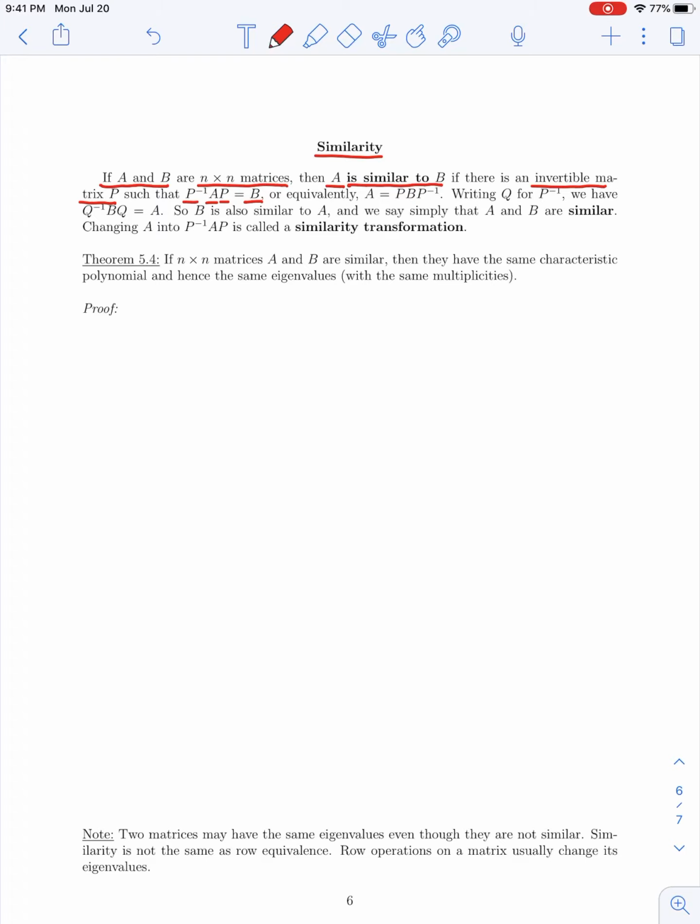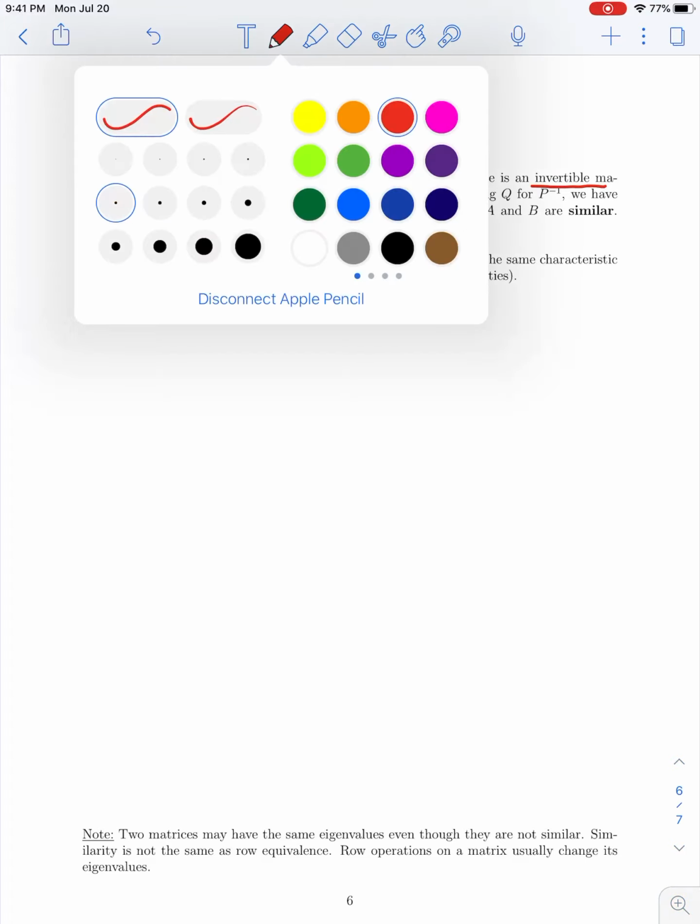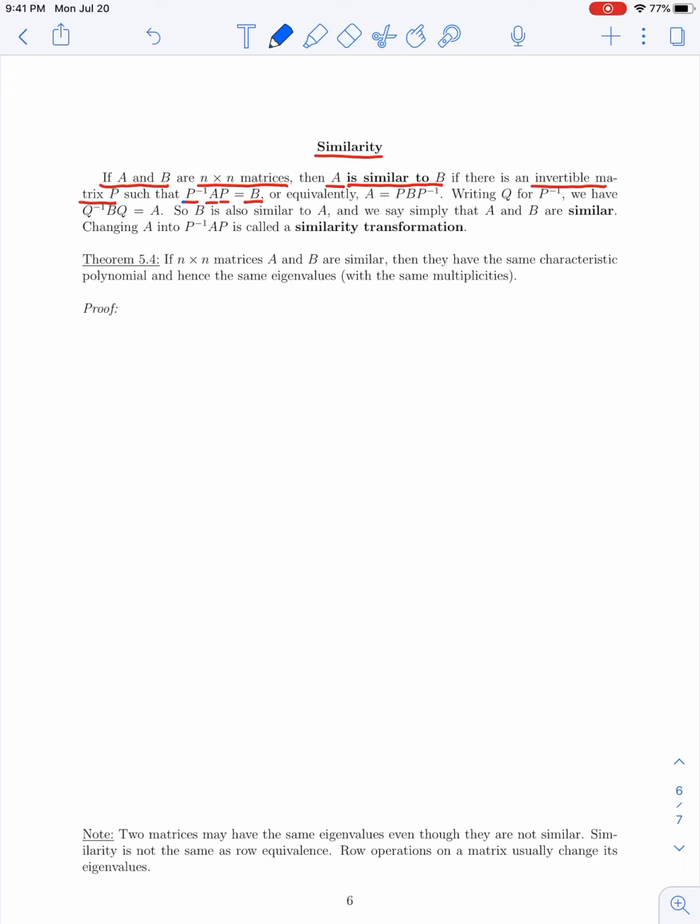Or equivalently, if we were to take this equation and left multiply by P and right multiply by P inverse, we would have just A is equal to P times B times P inverse.